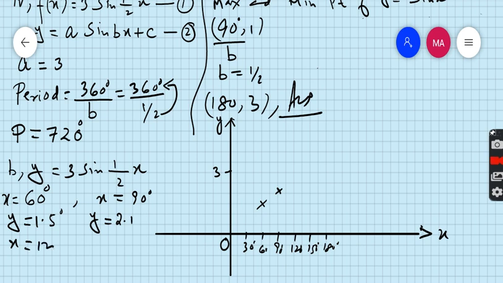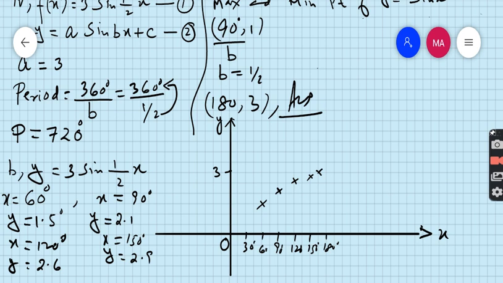x is equals to 120 degree gives you y is equals to 2.6 around. At x is equals to 150 degree, you will have y is equals to 2.9, and at 180 degree it will give you 3.